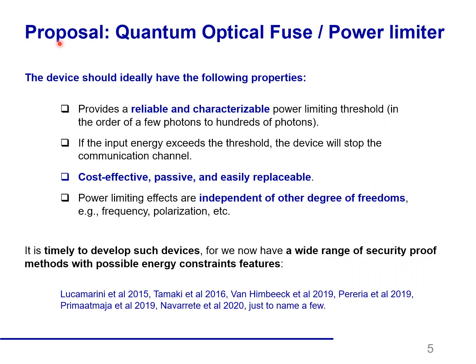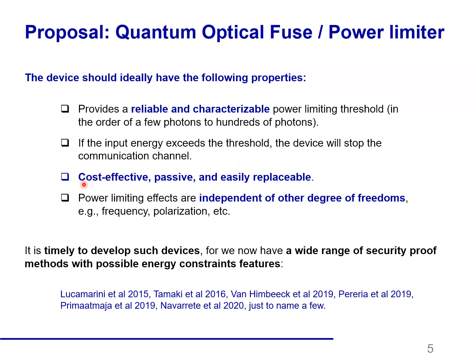So with the previous examples, we can define here what we need from an ideal optical fuse or power limiter. It has to be reliable and characterizable, and it would be great if it can provide a threshold of a few photon to hundreds of photon level. And by its name, it will just stop the communication channel once the input goes beyond the threshold.